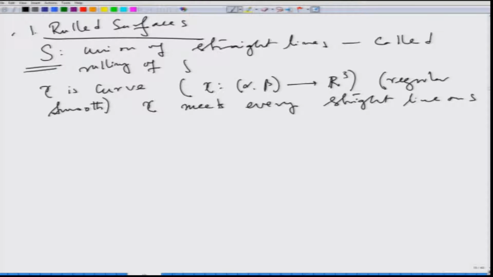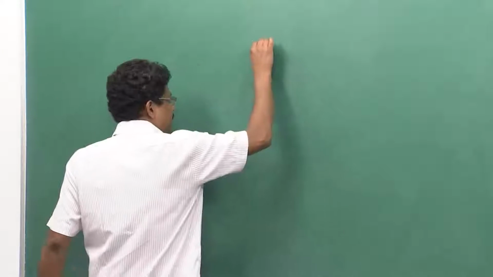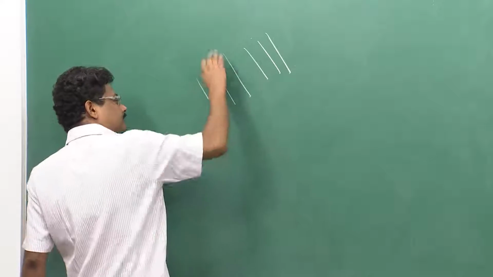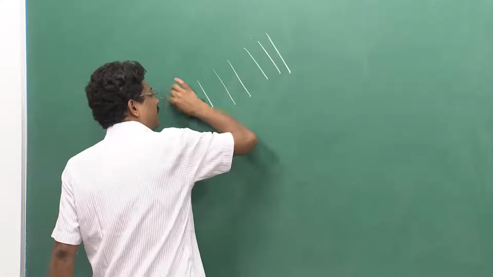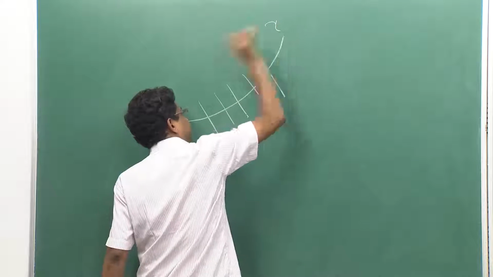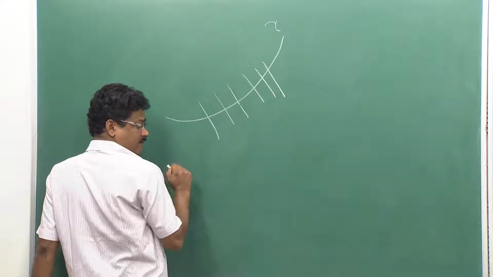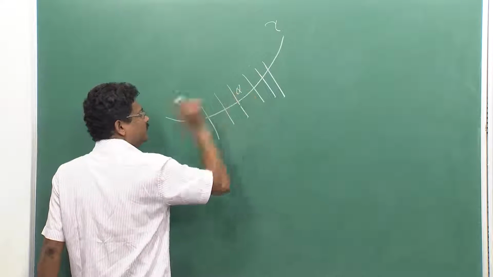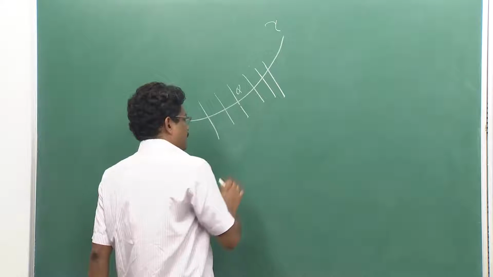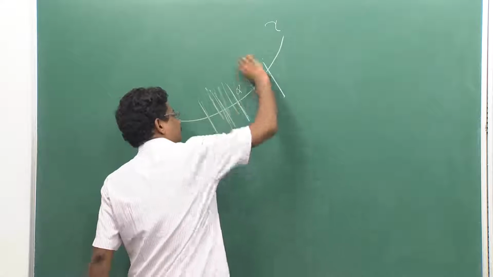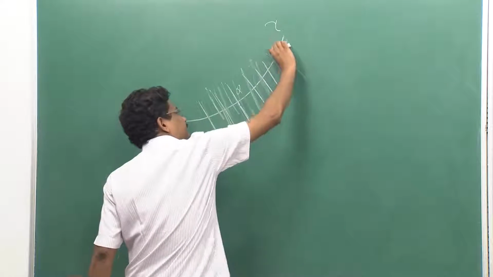So the surface consists of lines like this, all the lines are there, and I have a curve gamma like this, and gamma meets every straight line at some point, say Q. The surface consists of these straight lines. So, everything is there, I am drawing it by shade.